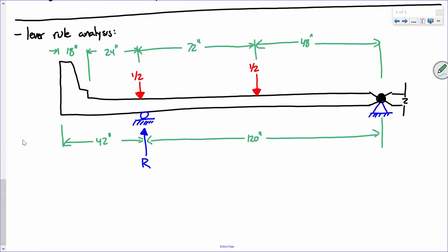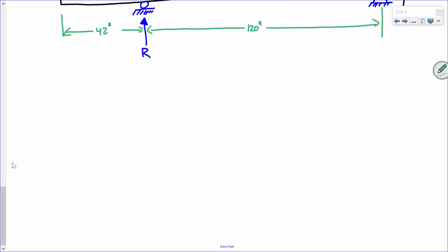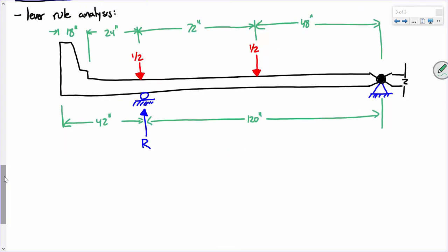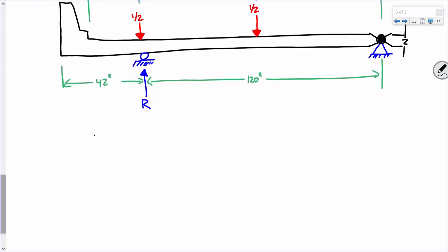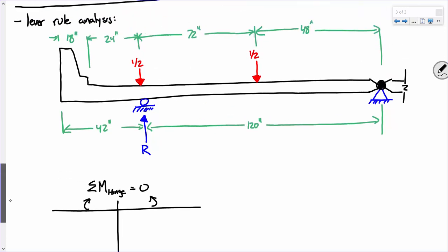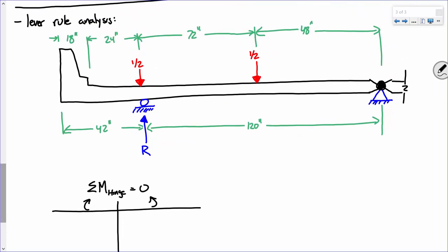If you've never seen anybody sum moments, this is the way I do it. Credit goes to Kerry Stauffer at Bluefield State, because once I saw him do this, I didn't do it any other way. So I'm going to sum moments at the hinge. Then I draw myself a little table, and I say everything spinning that way has to equal everything that's spinning that way.